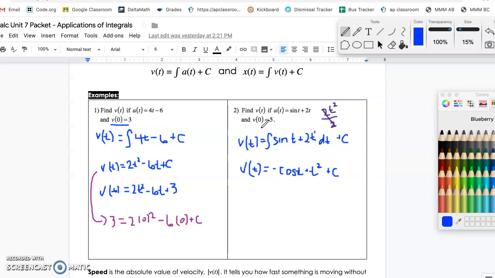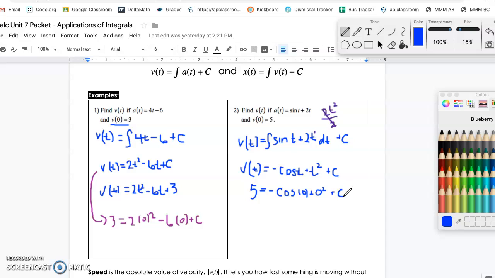Now, we know v of 0 equals 5, so we're going to say 5 equals negative cos 0 plus 0 squared plus c.